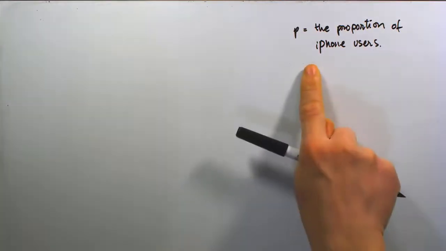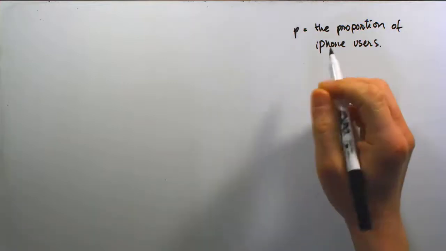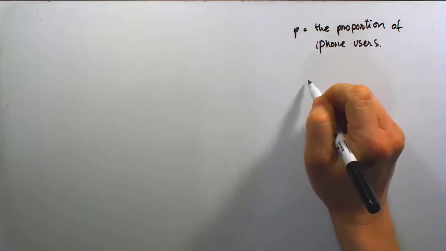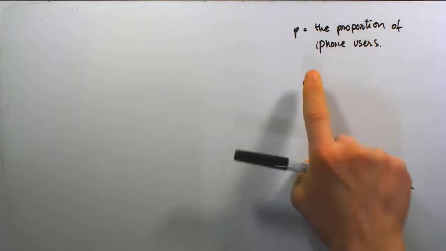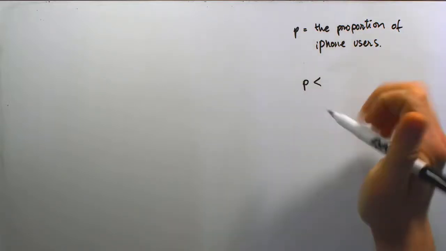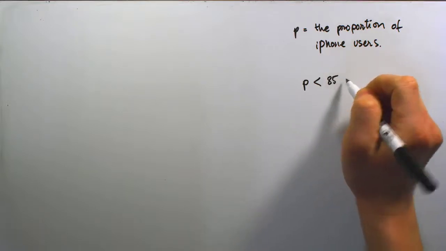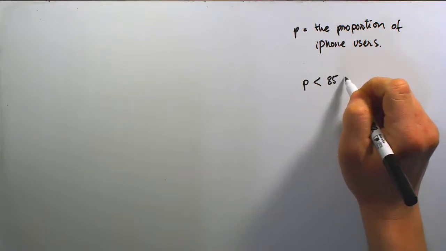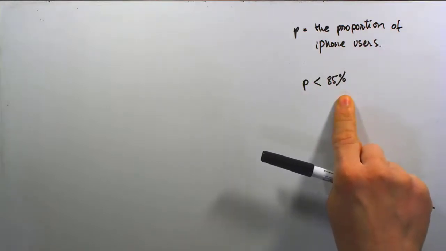And so in this way, according to the statement that I highlighted in the wording description, we want to prove that P is less than, that this proportion of the iPhone users is less than 85%. That's just a direct translation of the worded statement.